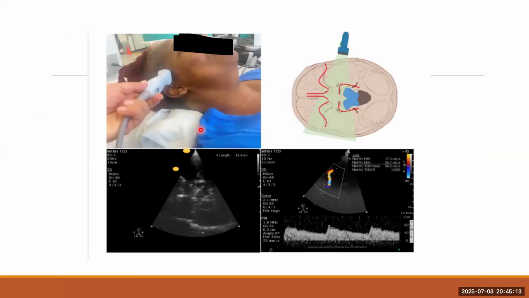Here is how we insonate transtemporally, with the pointer being anterior, and we are insonating through the transtemporal window. In our field of insonation come the ipsilateral MCA, ipsilateral ACA, P1, P2, and if we are lucky enough and the window is good enough, we can even visualize the contralateral vessels also. The most important landmark is this butterfly, the midbrain.